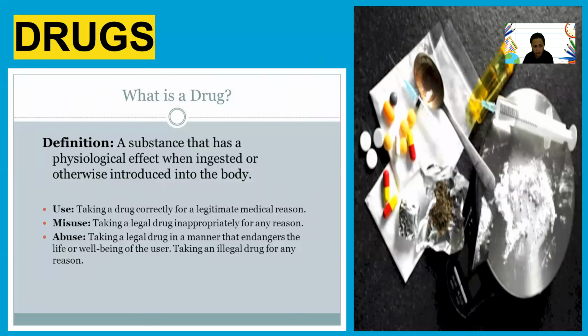What is a drug? A drug is a substance that has a physiological effect when ingested or otherwise introduced into the body. Okay? So what is the difference between medicines and drugs? Medicine can treat a certain type of disease.